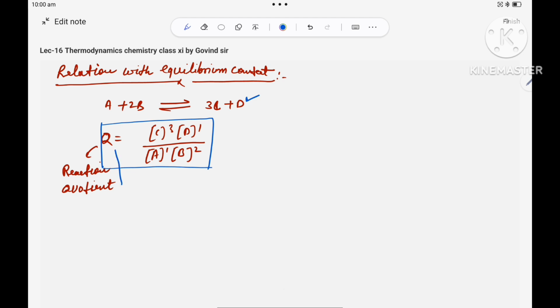So here you can write, Q can be defined at any stage of reaction.